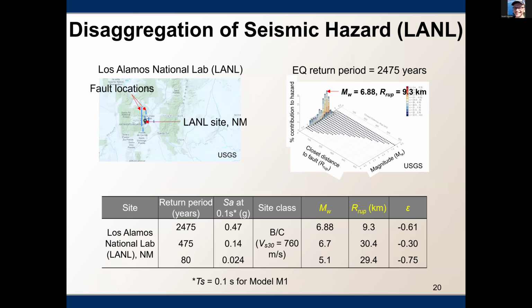Do you understand what the magnitude and the fault rupture distance are? This epsilon term basically means that this intensity measure is, for example in this case, 0.61 standard deviations smaller than what is predicted by the mean for this magnitude and this rupture distance. So it basically gives you the error in the prediction.